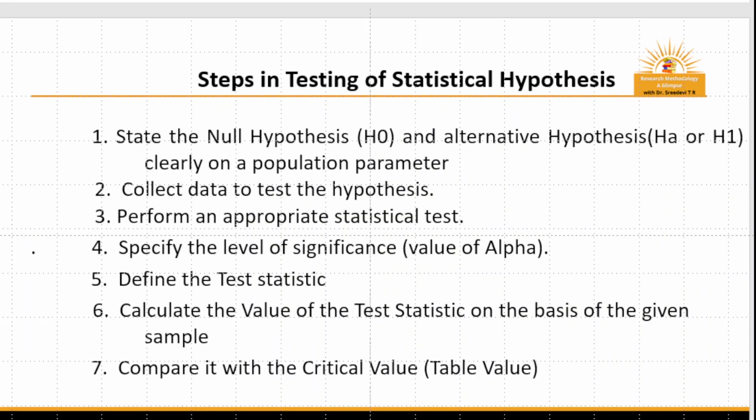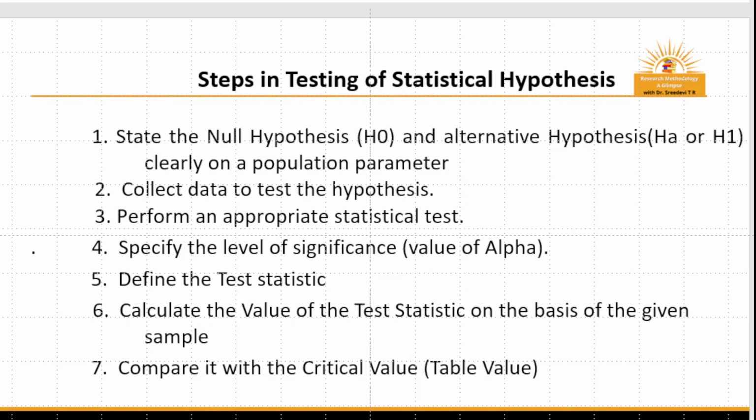Then we will see what are the steps in testing of statistical hypothesis. As a first step, we state the null hypothesis H0 and alternative hypothesis HA or H1 clearly on a population parameter. Then collect data to test the hypothesis. Perform an appropriate statistical test. So based on the data available, an appropriate statistical test has to be done.